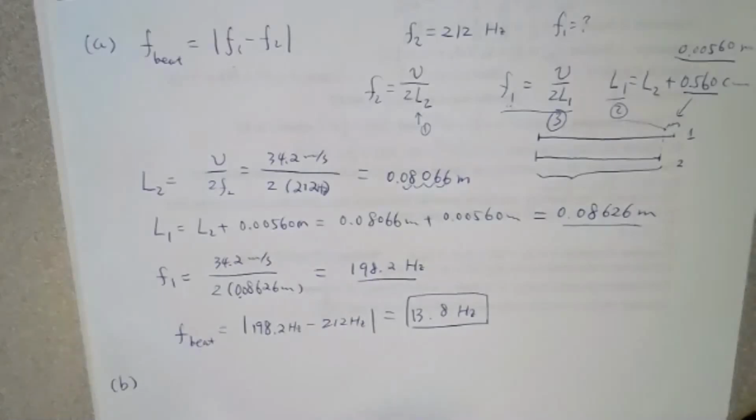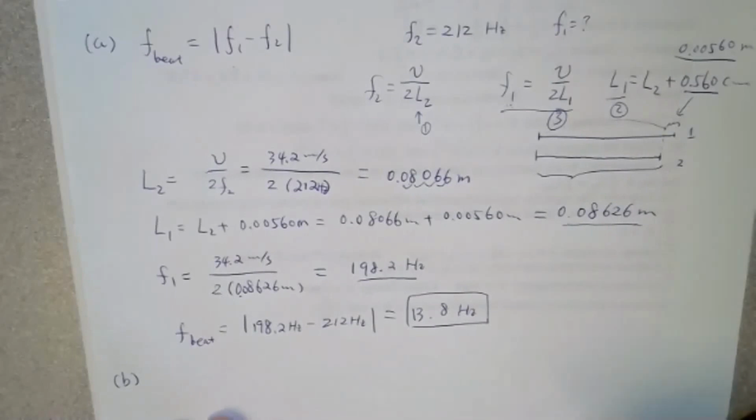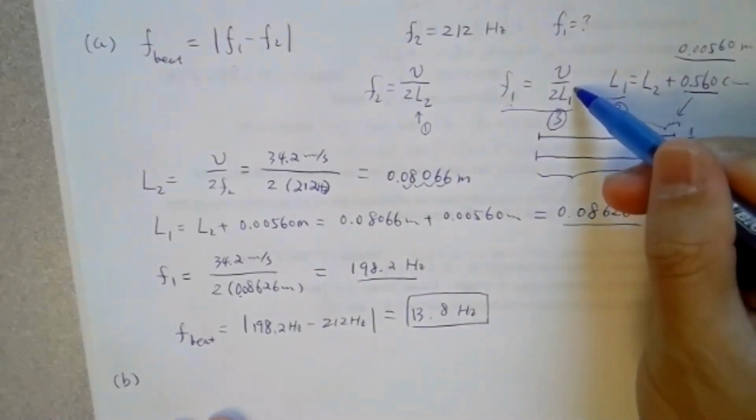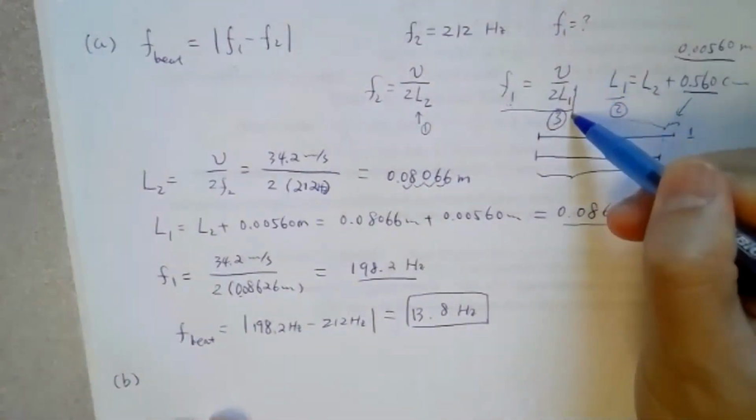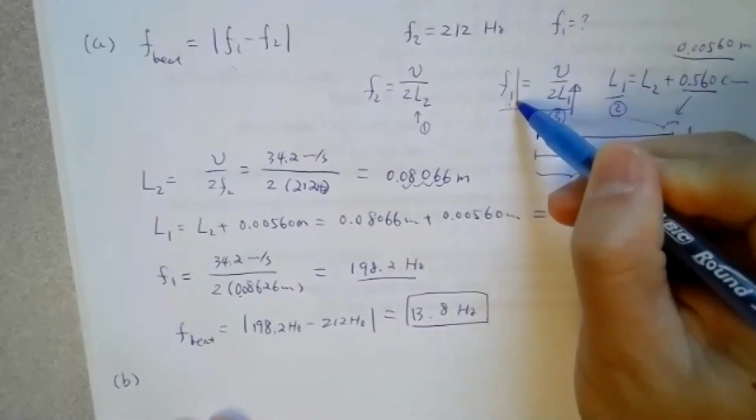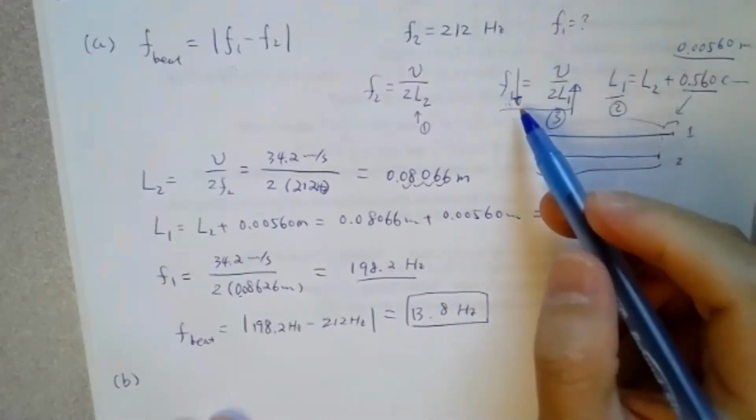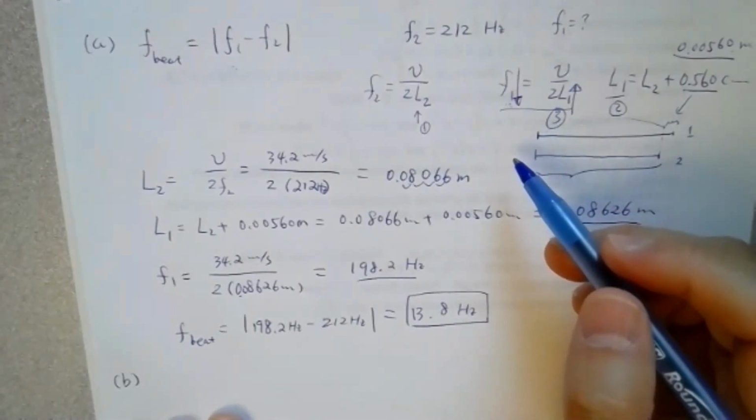All right, so in part B it asks whether the beat frequency in part A increases or decreases if the longer string is increased in length. If the length increases, then the frequency decreases, right?